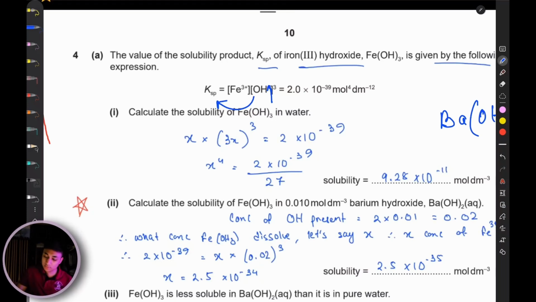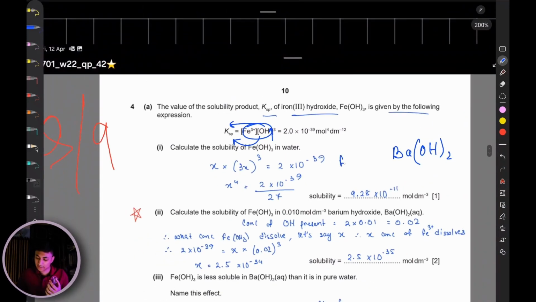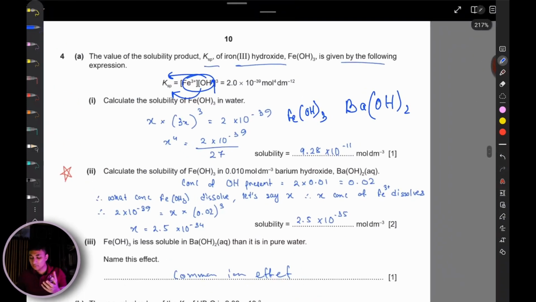Hence, your equilibrium shifts to your left hand side since there is already so much of the product, right? So due to the higher amount of hydroxide ions, your equilibrium shifts to the left hand side, and it is going to cause precipitation of iron 3 hydroxide. So you're going to see iron 3 hydroxide precipitate in the barium hydroxide solution, if you add the same amount of iron 3 hydroxide.